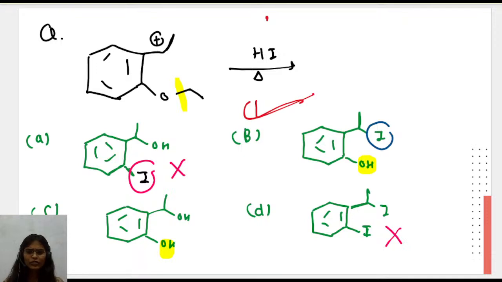So, decomposition, for which part are you asking? How to find out the order? Decomposition, chemical kinetics, right?